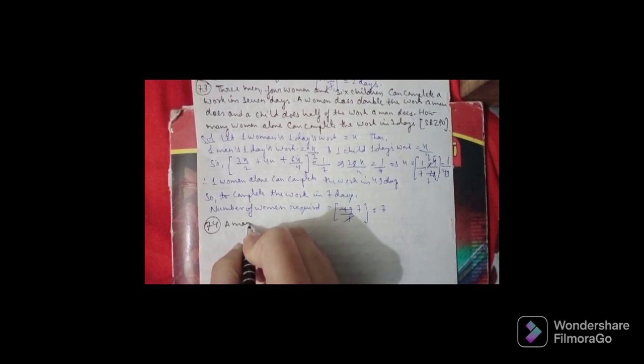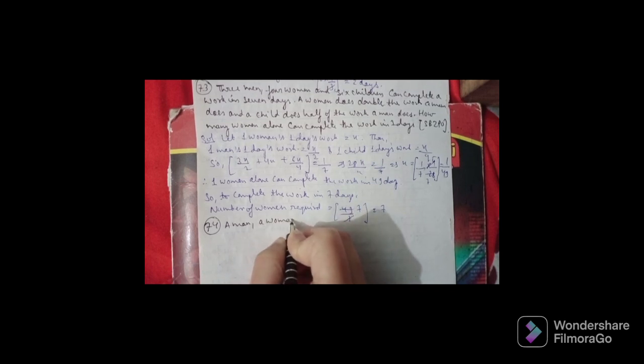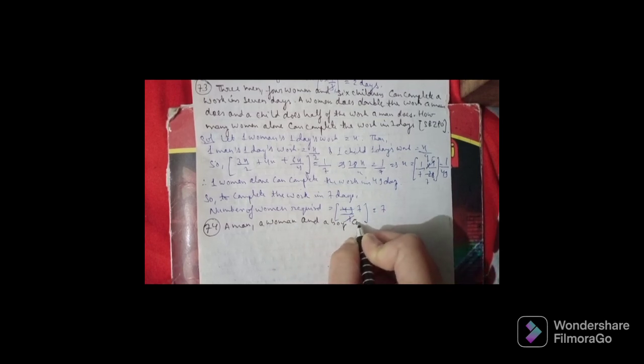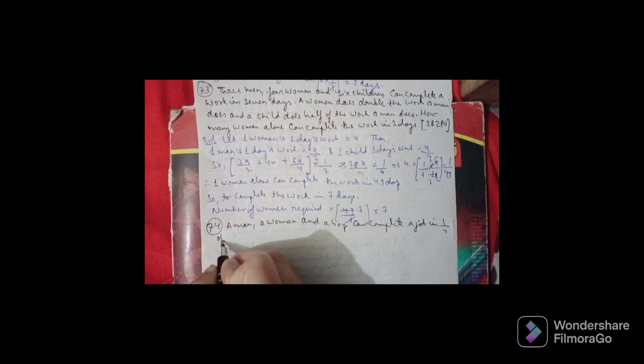So here we go. A man, a woman and a boy can complete a job in 3, 4 and 12 days respectively.